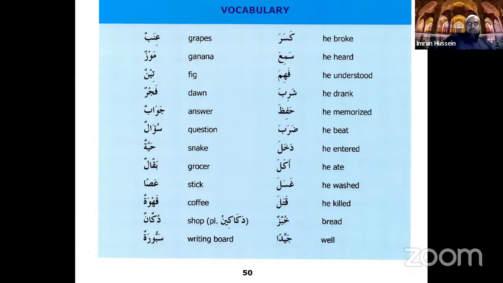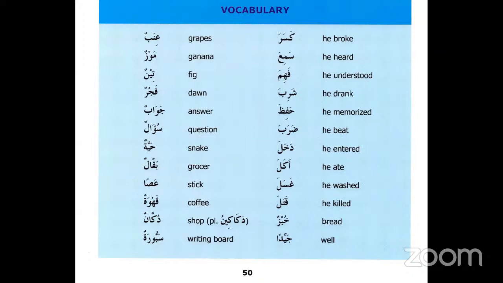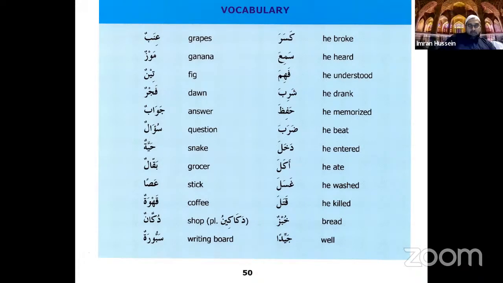Inabun is grapes, mawzun, banana, hutun, fish, fajrun, dawn, jawabun, an answer, su'alun, question, hayyatun, snake, baqqalun, grocer, liss, thief, qahwatun, coffee, dukkanun, shop, plural is dakakin. Suratun, writing board.